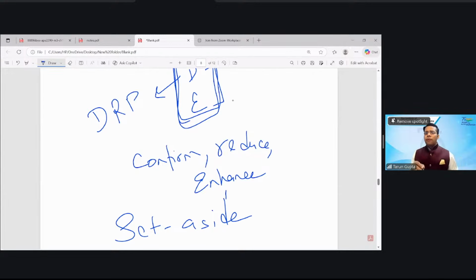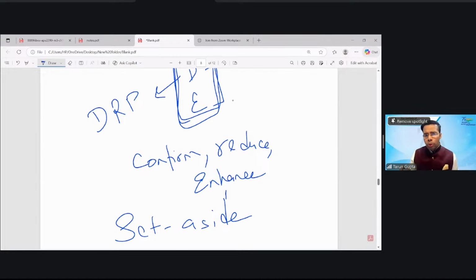See, we want conformity within the time limit. Now, don't play this game. I will set aside, the AO will make a fresh assessment, then again, against that fresh assessment, the assessee will file an objection before the DRP. So, no to and fro. The DRP has to give a direction whether it is agreeing to the objection of the assessee or not.